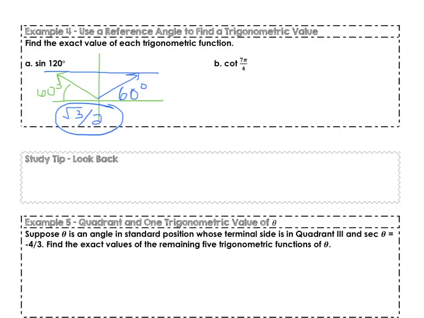All right, so now we're looking at B, so cotangent of 7 pi over 4. Well, 7 pi over 4 is really close to 8 pi over 4, which would be the 360 rotation. So we know we're in the 4th quadrant. Now, because he is over 4, I know he's going to be one of my 45-degree buddies, and I also know that he's pi over 4 units away from 8 pi over 4.